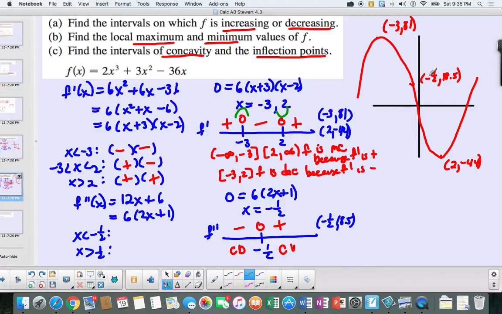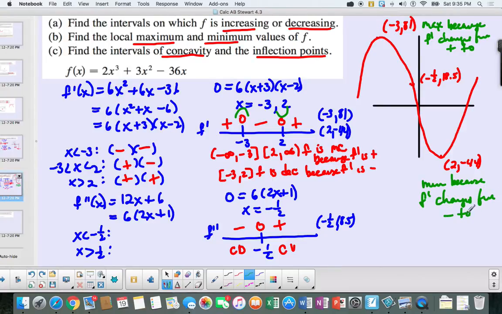So I can say that this is my max, and that's because the first derivative changes from positive to negative, and this is going to be a min because f prime changes from negative to positive. And then I have my local max, local min.